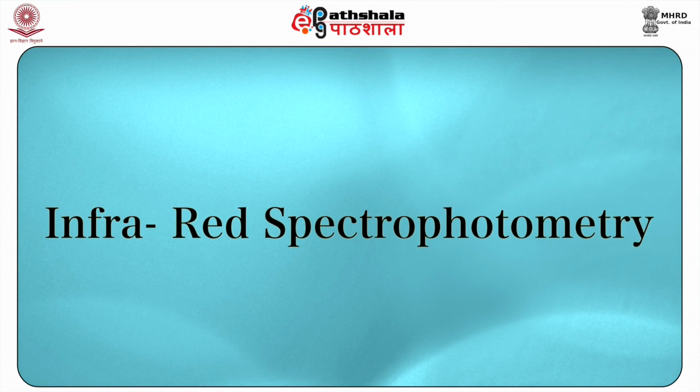Next is infrared spectrometry. Infrared spectrometry is the study of the reflected, absorbed or transmitted radiant energy in that region of the electromagnetic spectrum from wavelength lambda 0.8 to 500 micrometers. A more commonly used measurement than wavelength is the frequency, the number of waves per unit length. This is expressed in wave numbers, that is centimeter inverse.